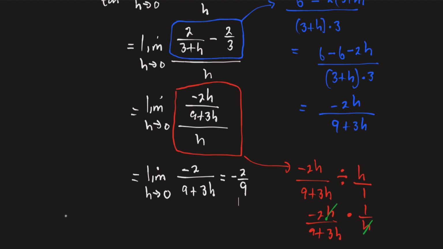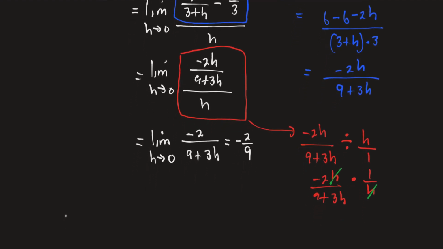So again, to summarize what we just did, here's our function. It was 2 over x. Oh, not 2 over 3. 2 over x. And at x equals 3, we got that the slope of the tangent is negative 2/9, right? After a bit of algebra, we got it. This is our slope of the tangent line.